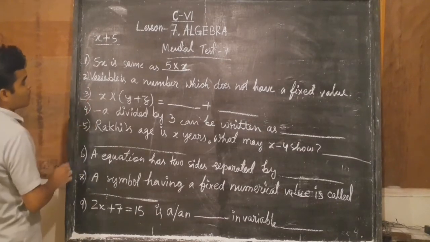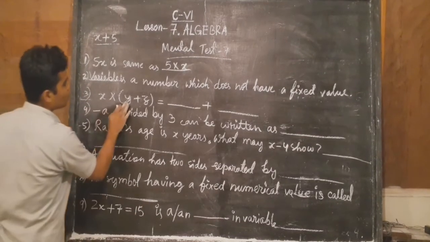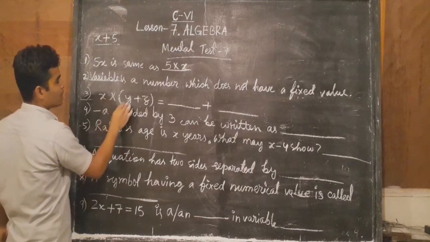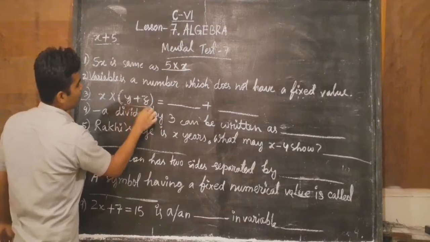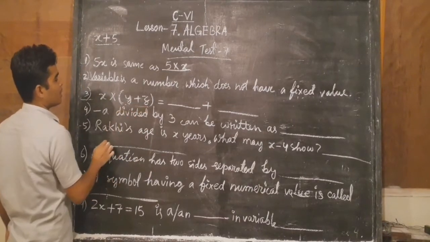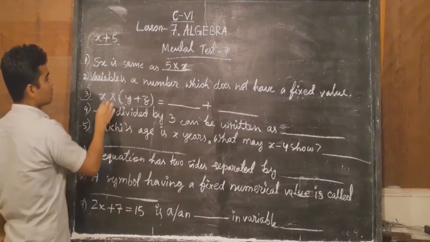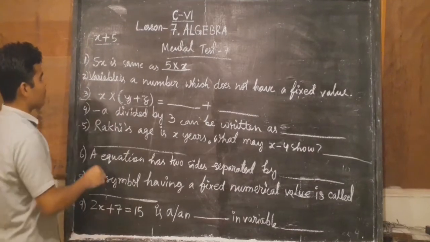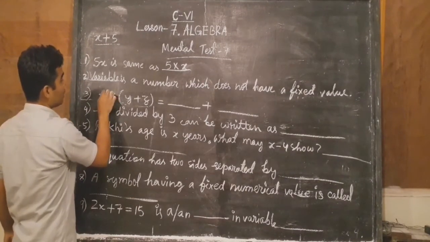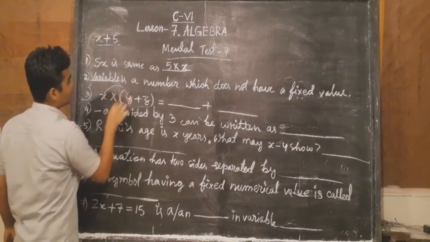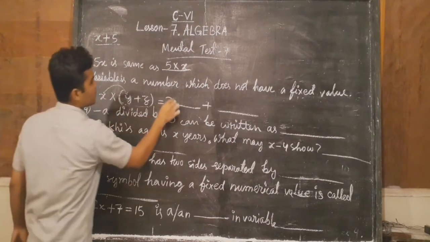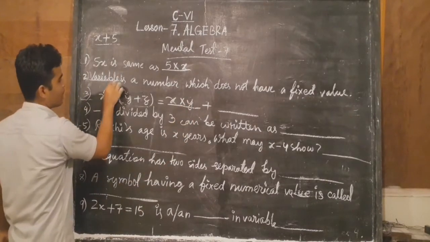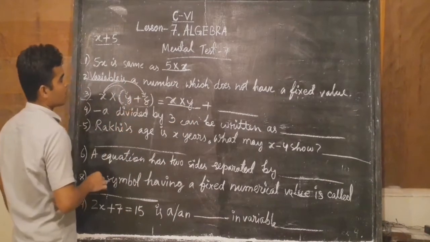Now let us move to the next question. X into the bracket y plus z. This x will multiply with the things inside the bracket. So in that case, what must we do? It is like the distributive method of numerals. You can see x will multiply with this variable first, x into y, and x will multiply this also.